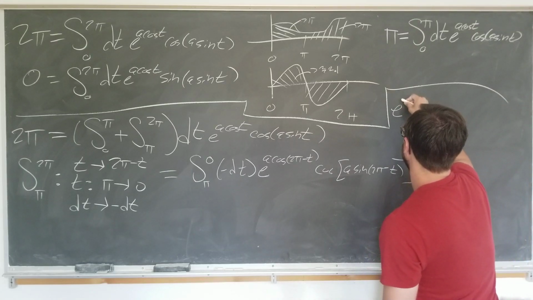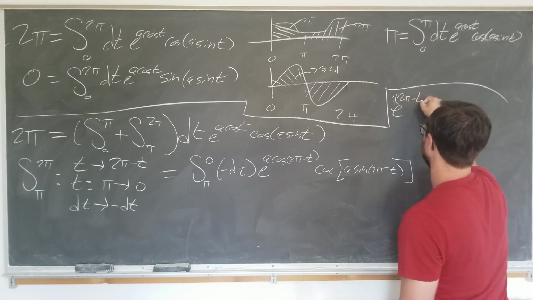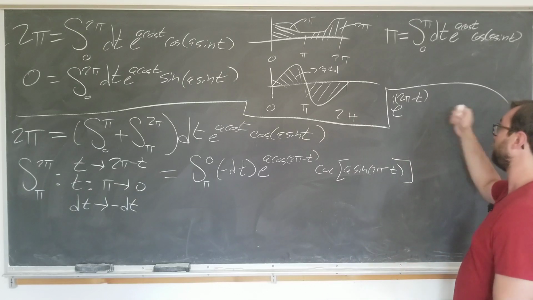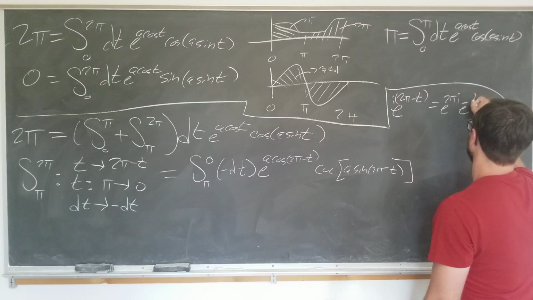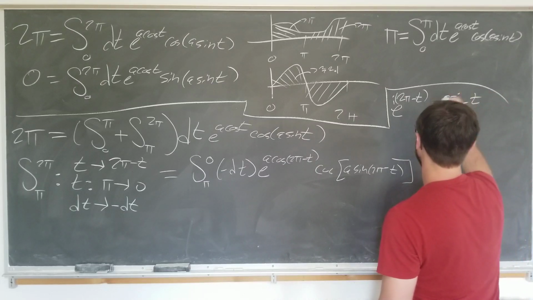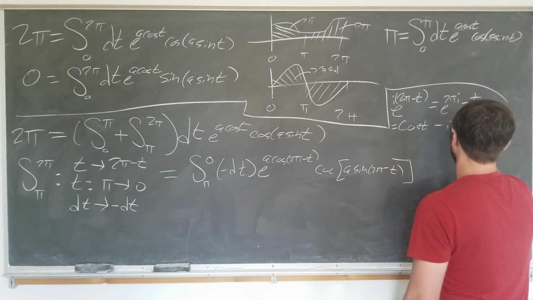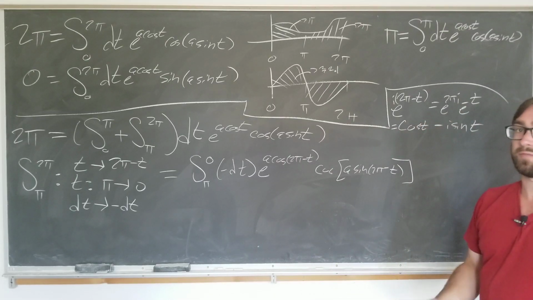Consider e to the i times 2 pi minus t. If we do this, it's just e to the 2 pi i times e to the minus i t. This is 1, of course. It's just cosine t minus i sine t. So we see that the cosine doesn't change if we do this.